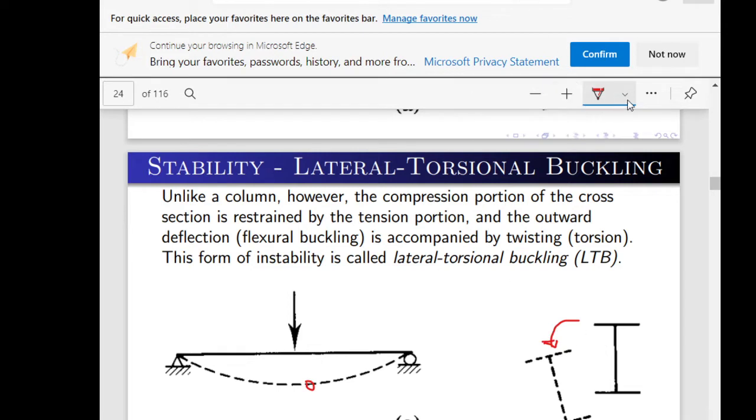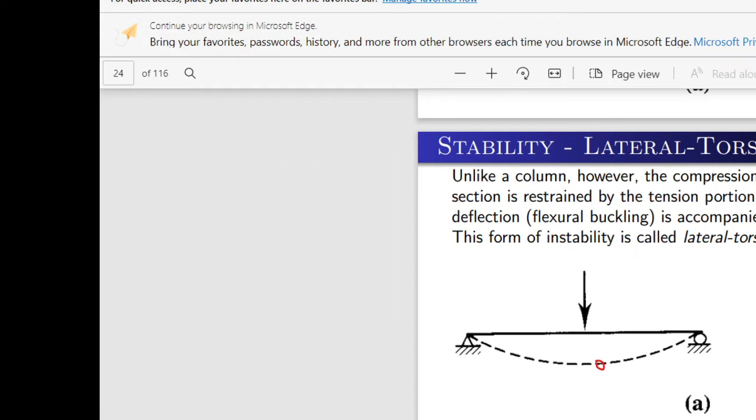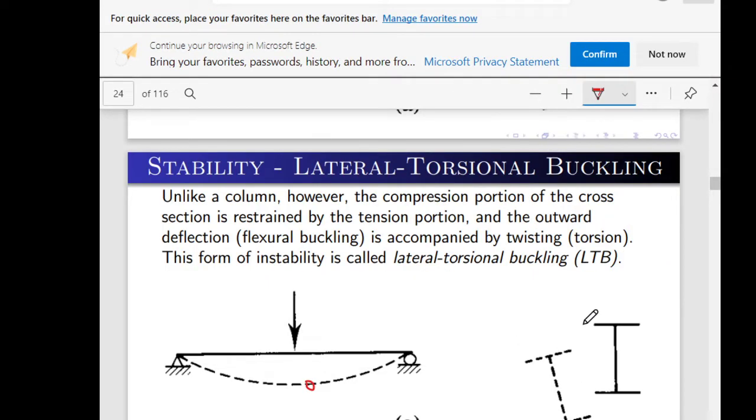I mean, it moves sideways here, and at the same time, it rotates. So there is this lateral torsional buckling.